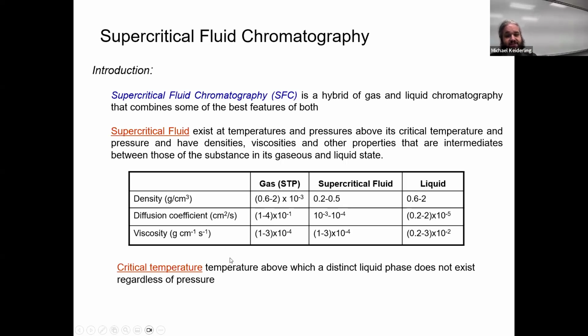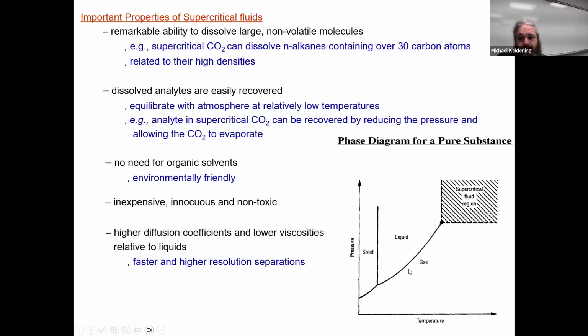The critical temperature is the temperature above which a distinct liquid phase does not exist, regardless of pressure. Here you can see for a pure substance, there's a solid region, a liquid, a gas, and then up there's the critical point, above which you have the supercritical fluid region.